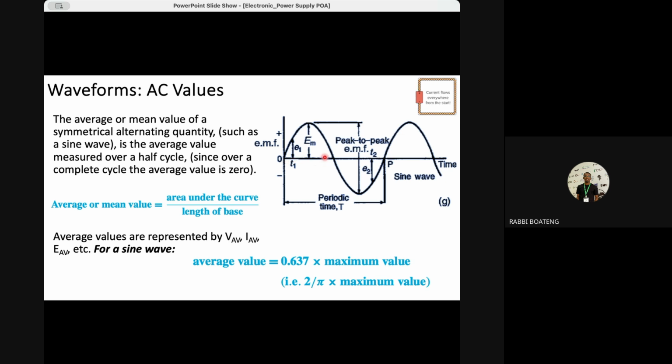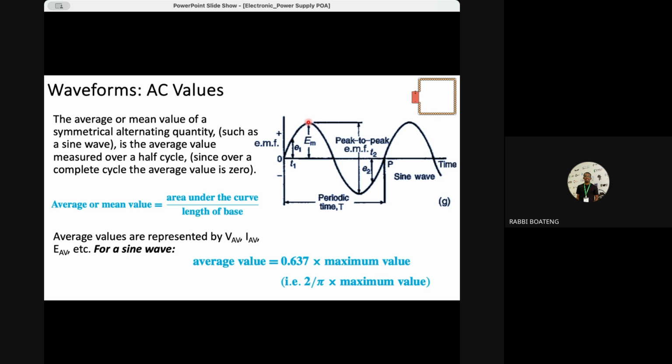Now, for this particular waveform, we have a very simple formula that we can use for a sine wave. It is just about multiplying 0.632, which is also equal to 2/pi, by the maximum value. And the maximum value is the maximum value that we can get here.